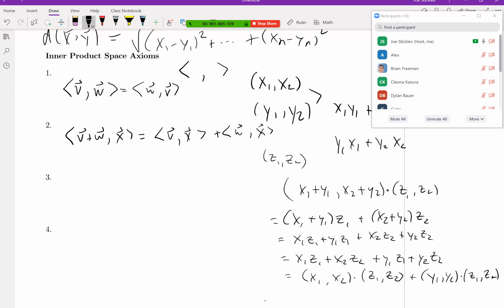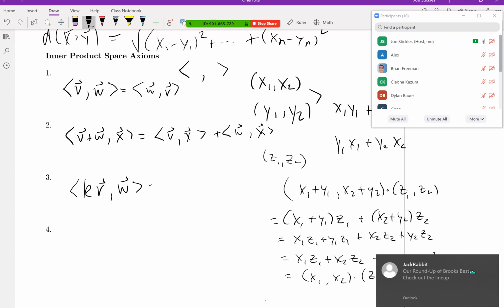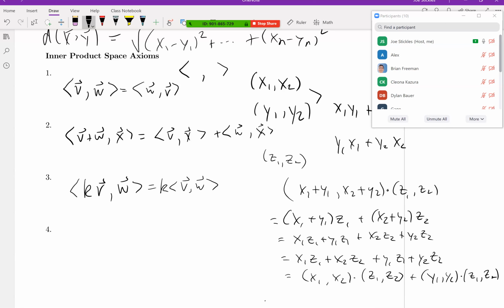I'm not going to go through the details of this third one, but it looks like a normal one. If I have a scalar that's multiplied by the first vector and then do the inner product with the second one, I could just go ahead and pull that scalar out in front.